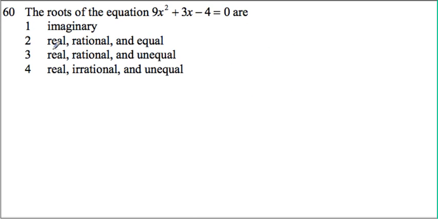Now, let's look at number 60. Once again, how are we going to know the characteristic of the roots? By the discriminant. So b squared, which means 3 squared, minus 4a, which is equal to 9, c also, which is equal to negative 4.